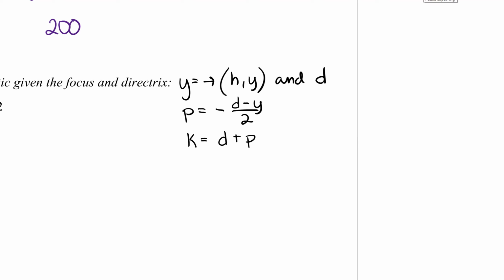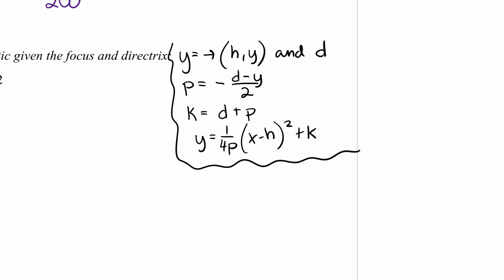Okay, and after I find that, I would use my y equals 1 over 4p x minus h squared plus k formula. So that's if I have y equals.